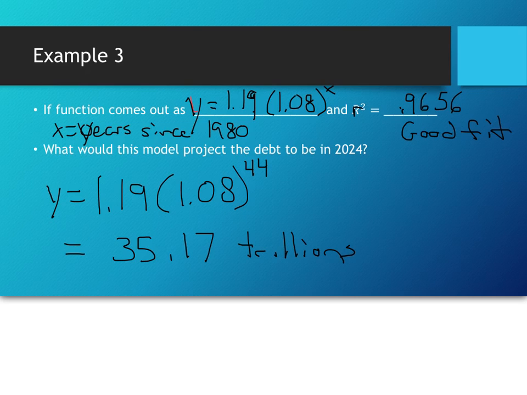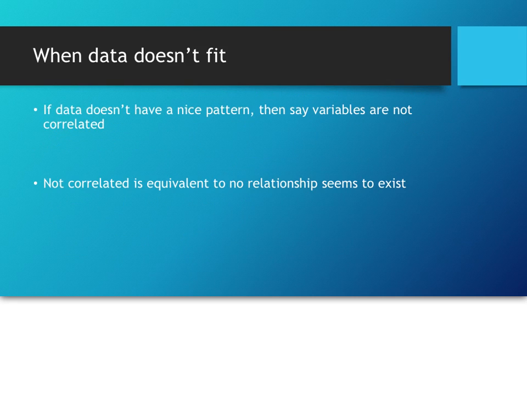Now, I want to say something about the models that I've gone over so far. The models that I've gone over have been a really good fit. Okay? That's not always going to happen. A lot of times, for instance, these 3 models that we looked at have kind of a nice pattern. There are times where you draw this and the pattern is just all over the place. There's no pattern in general. Okay?